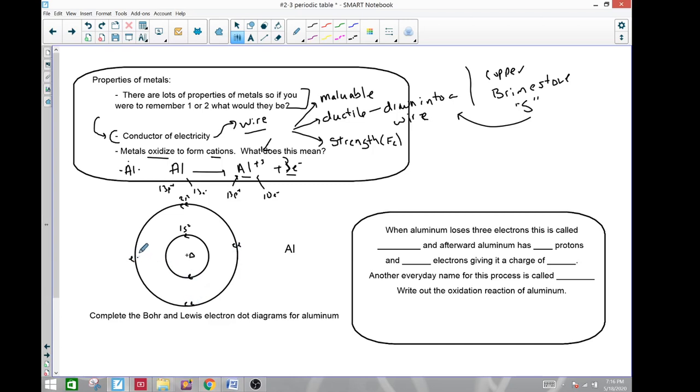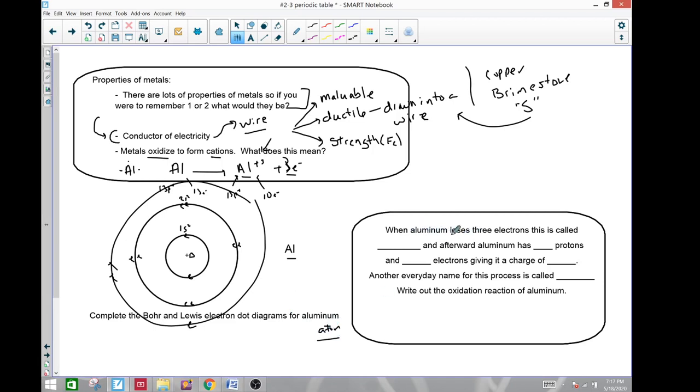Now this is only 10, but technically aluminum has 3 energy levels. So we have to draw another energy level on this, and put 1, 2, maybe a third one here. If we take it off, that would be the aluminum ion, but it just says for the aluminum atom. And there we go.